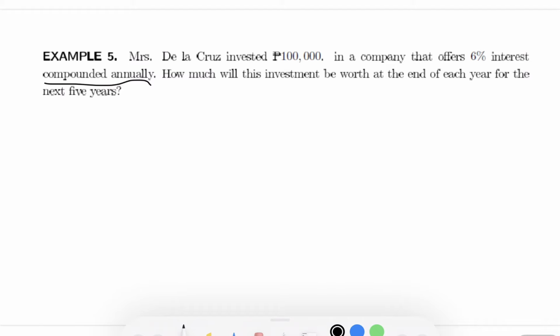Okay, so this is how the compound interest works. This is the principal or your initial value, and this is your rate per year, compounded annually. So at time equals 0, your money, or say for example, investment I is 100,000.